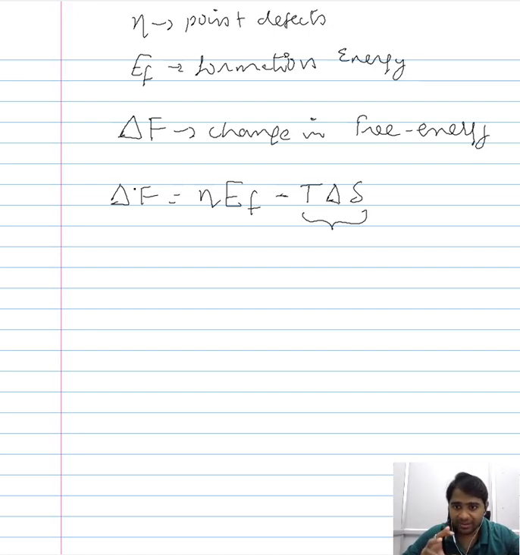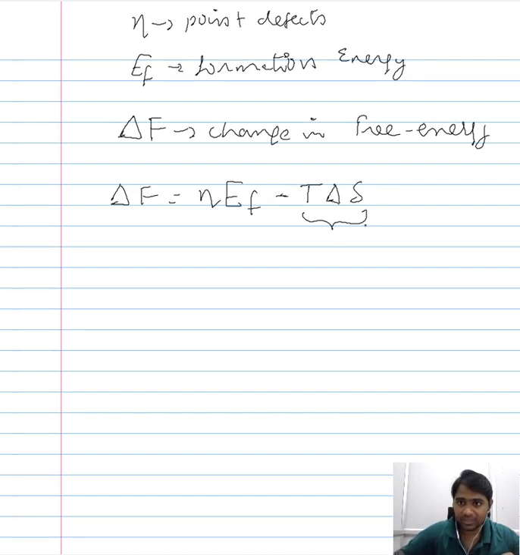However, when the introduction of the point defect also increases the entropy, the overall free energy is reduced. Therefore, if we are not considering the effect of entropy, then the introduction of the point defects is unstable.